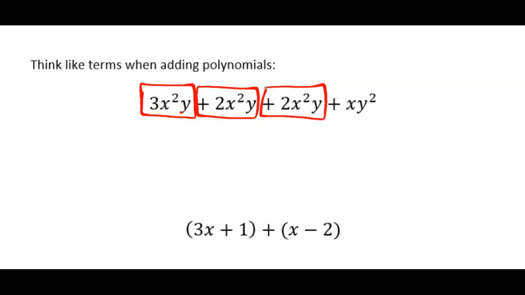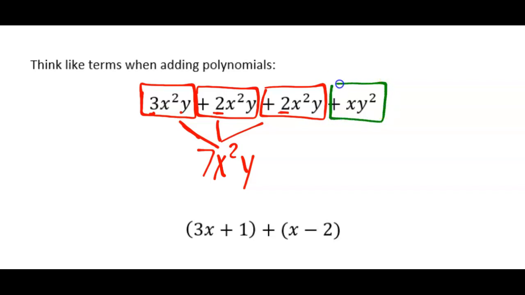All right, am I able to combine those because they're like terms? I sure can. So I would combine all three of those. And how am I going to combine those? What am I going to get? I'm going to add my 3 plus my 2 plus my 2 and get 7x squared y. All right. What about my next term over here? This right here is not an x squared y term, it's an xy squared term.